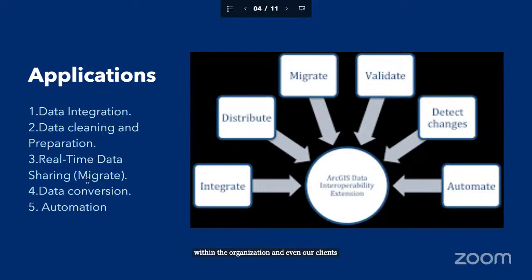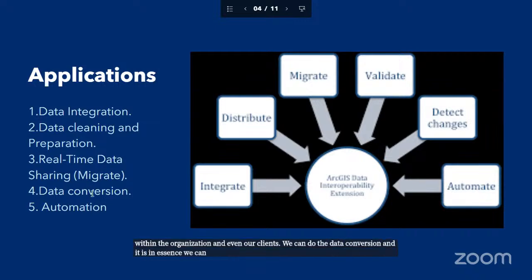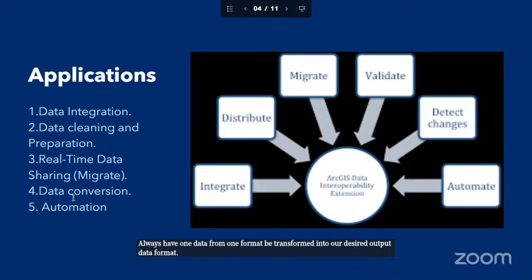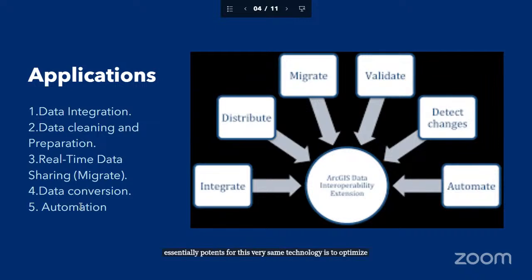We can do data conversion, in essence, we can have data from one format be transformed into our desired output data format. And one essential importance of this technology is to automate our data integration process. This system comes to replace the previous existing systems which always needed a manual integration. But with data interoperability, we can automate it. And in essence, we can save time and money as we maximize our output.